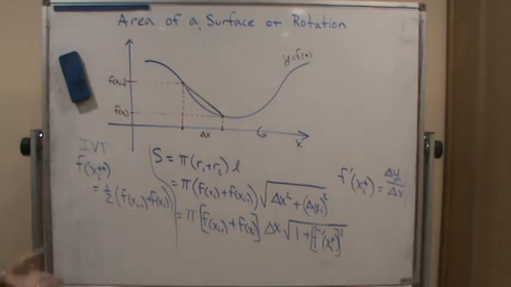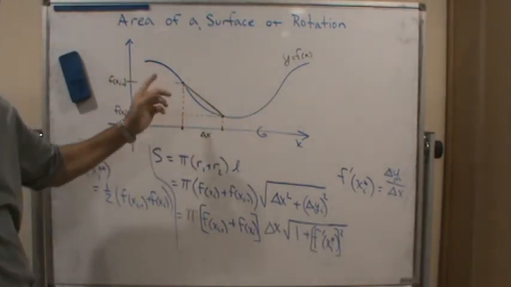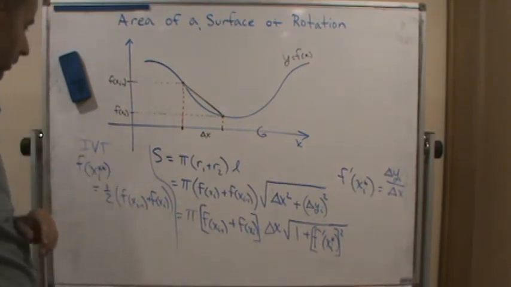And that's because this is continuous. Okay, so we're assuming a continuous curve, right? That's one of the, remember, a differentiable curve.